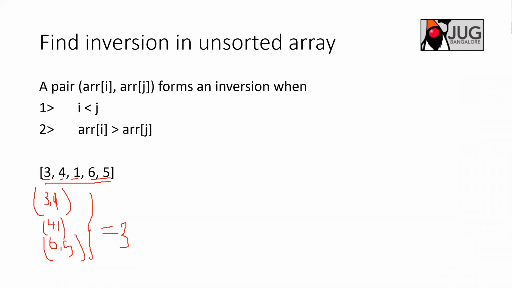Then you increment the count. For example, you pick 3 and start comparing with 4, then with 1, and you find that 1 is less than 3, so you make the count 1. Then with 4, you realize there is one more element, 1, which is less than 4, so you add to the count, and you realize no other element exists.